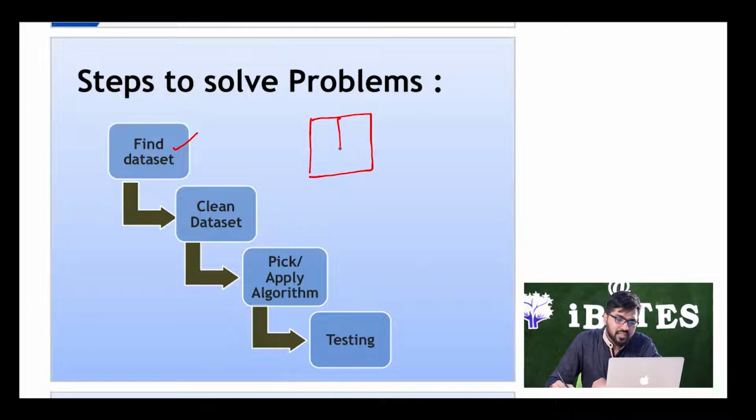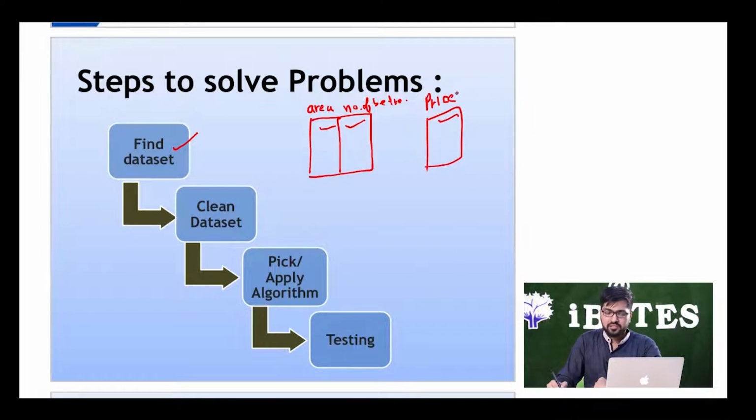It might look something like this: area of the house in square feet, number of bedrooms, and then here is going to be my price. So I might have two features and one output variable, that is price. First, I will have to find that data set from the market. This is the first step to solve any problem.